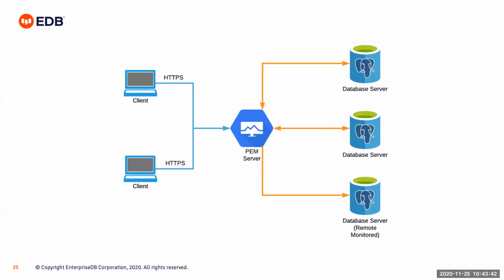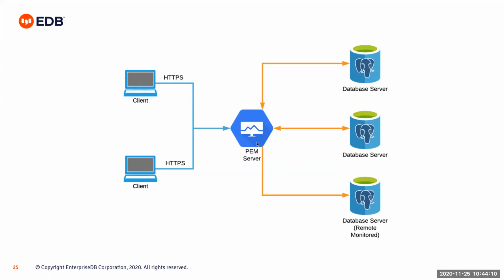Yes, you have a single point of failure in the sense that if your PEM server is down, you won't be able to monitor your databases. And so in that case, the PEM server itself has several components, agents being of course one of them, running on your database servers, but it also has itself a database server underneath the website that it uses.